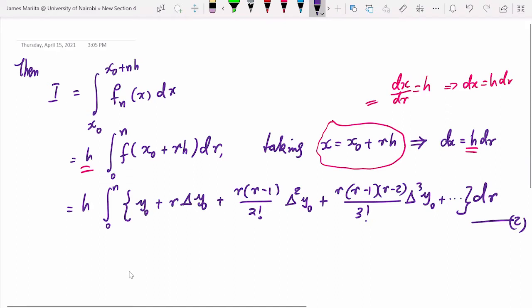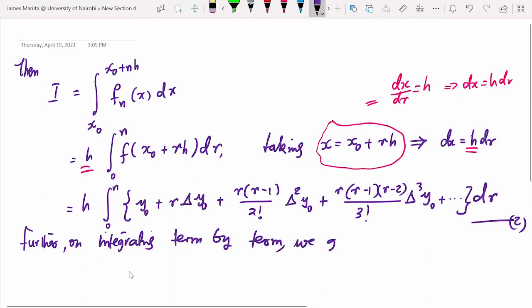And further, on integrating term by term, we get the following.